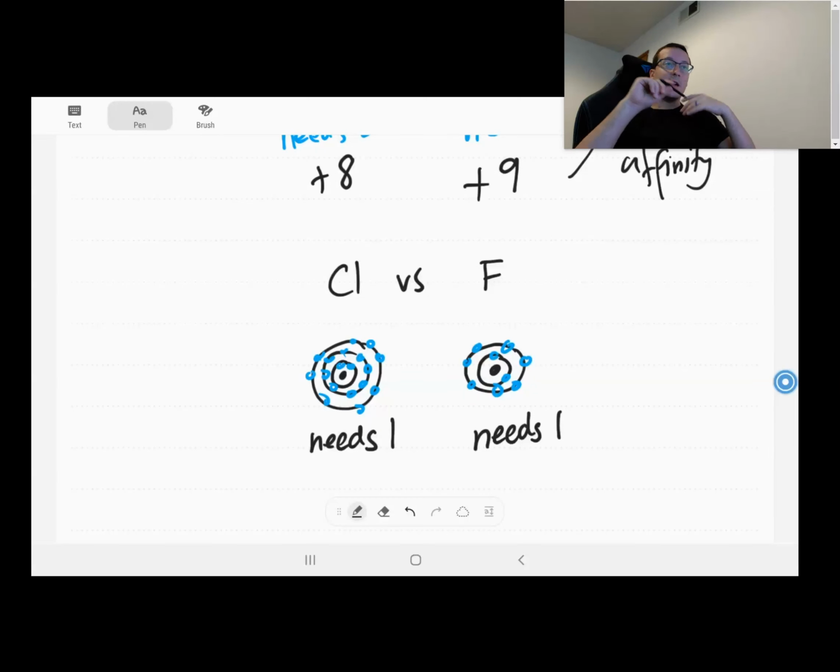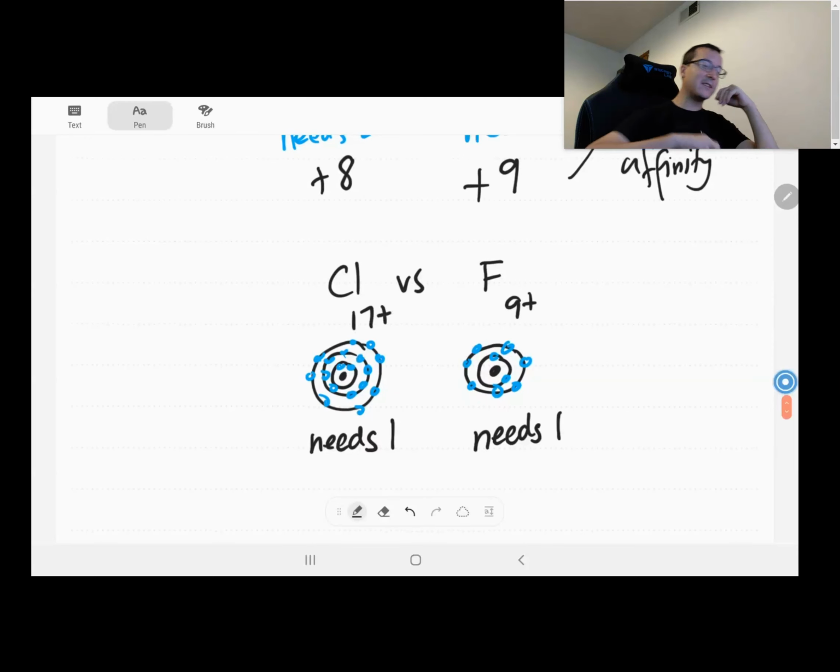Alright. Okay, we know that this guy has 9 plus. Wow, this guy has 17 plus. But Tiffany, your prediction that fluorine is going to win was correct. Because these both have 7 valence electrons, if they want to get to 8, they only need 1.